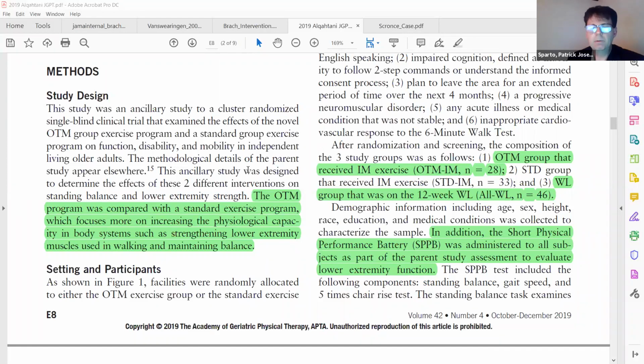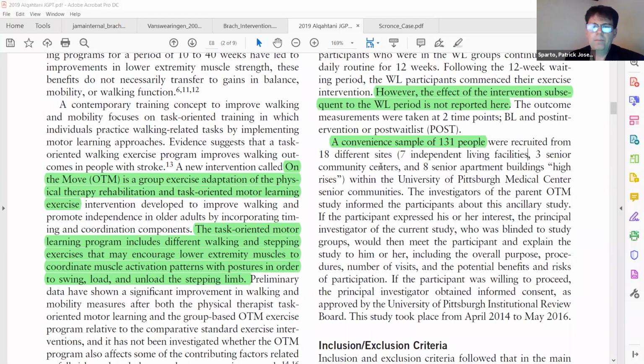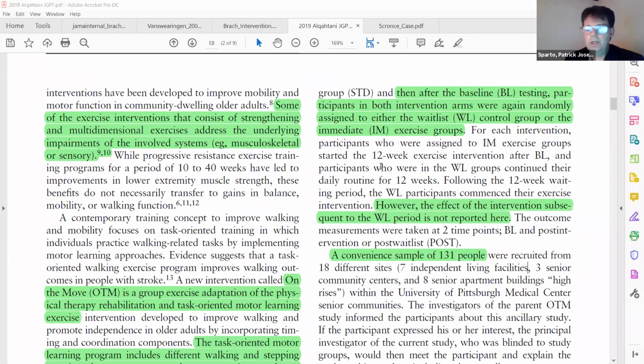And what they did was they partnered with the local healthcare system, the University of Pittsburgh Medical Center healthcare system, which manages several different senior community living sites. So there were 32 different senior communities involved.